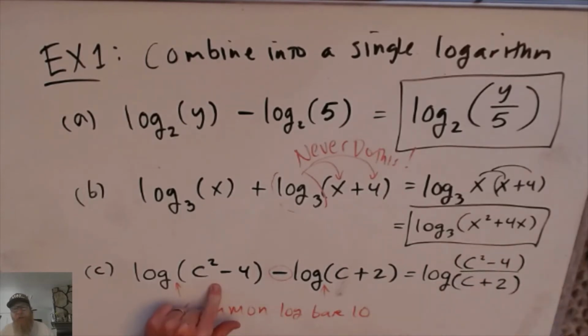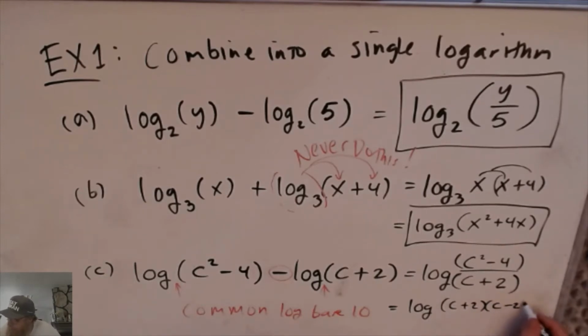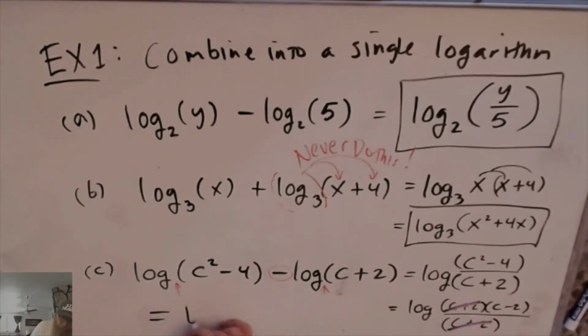Parentheses for good measure. And then I want you to simplify this as much as possible. So that'll be c plus 2, c minus 2 over c plus 2. And simplify the final result will be log of just c minus 2.